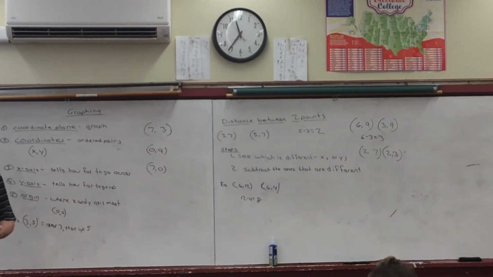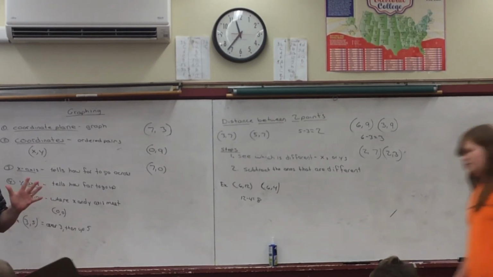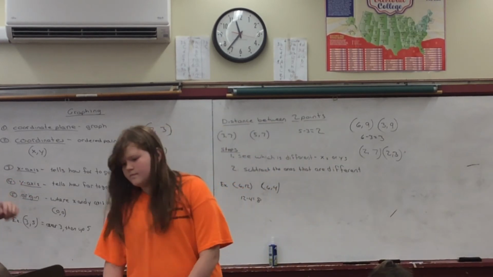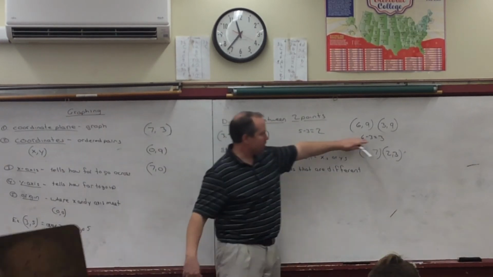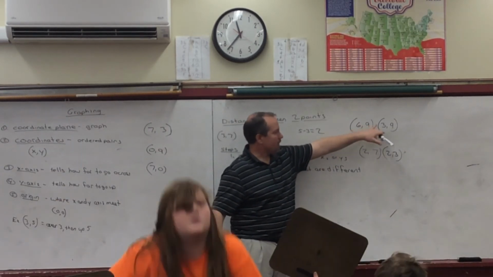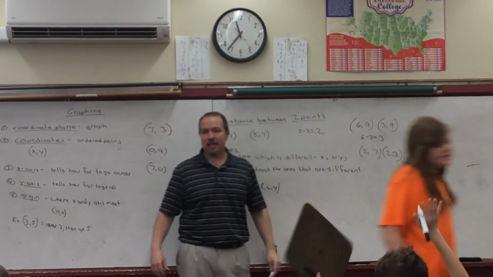I'm not saying that's the incorrect answer, but how did you get to that? Gordon, just simply do it the way I just write the problem down. Don't do it like that. Gordon, let me see what you're actually doing. That's not what I want to see there, Gordon. I want to see it done like this. 6 minus 3 is 3. I want to see you do it like that.